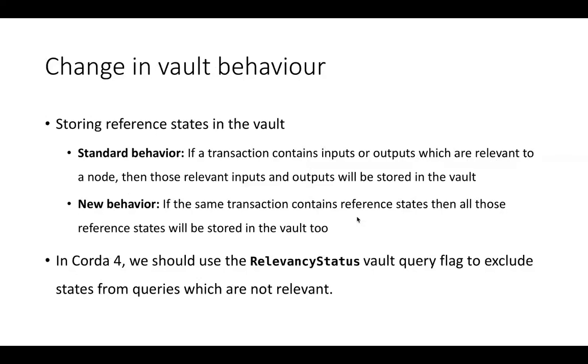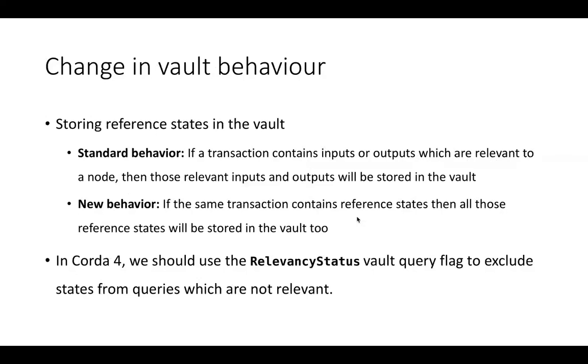But before, let's imagine that this behavior wasn't there, and someone could include a reference state in a transaction, and it would be required to assess validity of that transaction. If it wasn't then stored in the vault, then it would be pretty confusing. So you would not be able to see actually what was contained within that state.